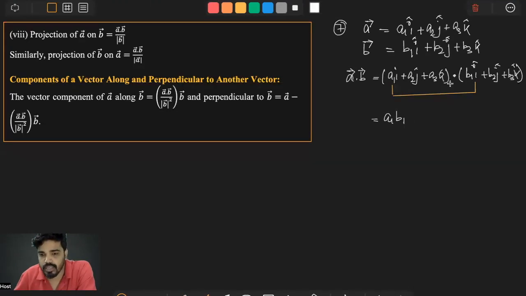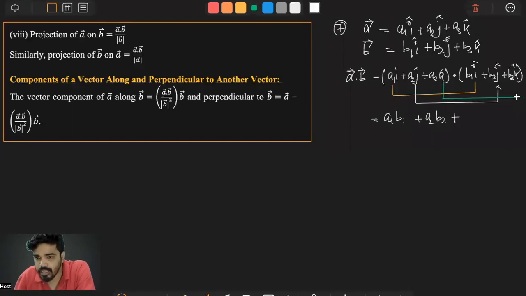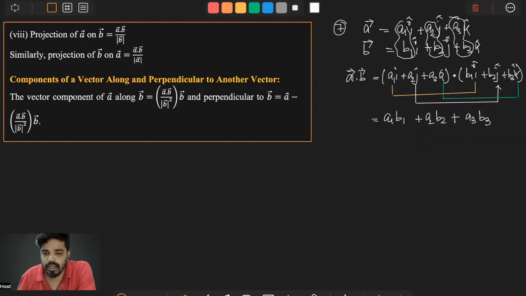So that means a2 with b2, you get a2 b2, because i dot j is 0. Next a3 with b3, because k dot k is 1. So plus a3 b3. So this is the dot product, that is a dot b is defined as a1 b1 plus a2 b2 plus a3 b3.